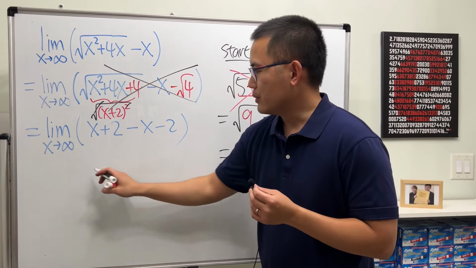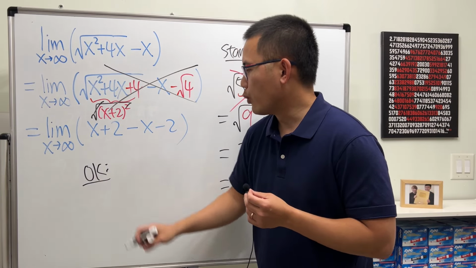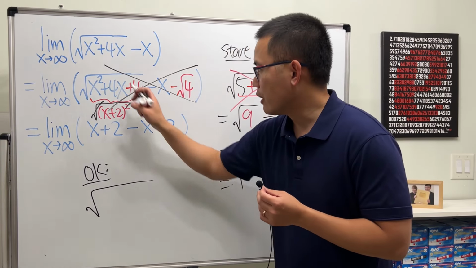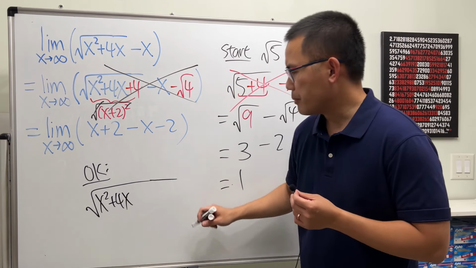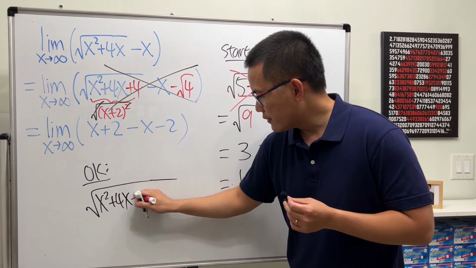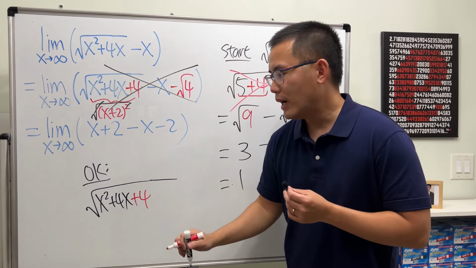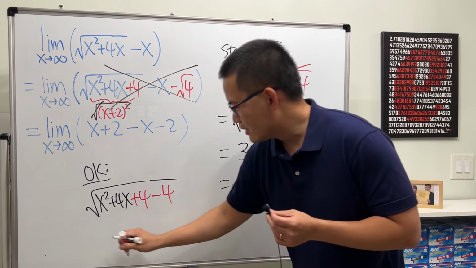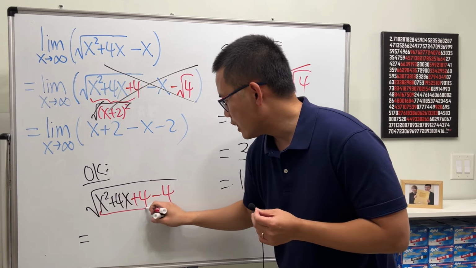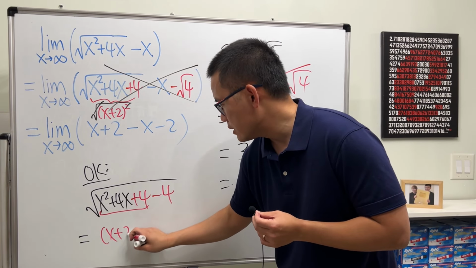Well, what you could do, this right here is the correct algebra work. If you have the square root of x squared plus 4x, if you want to complete the square, yes, you can add the 4 here, but you will have to subtract the 4 in the same square root. So you can end up with these 3 terms becoming a perfect square.